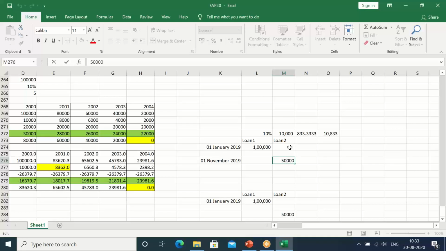So the company has taken loan 2, and loan 2 is taken on 1st of November.